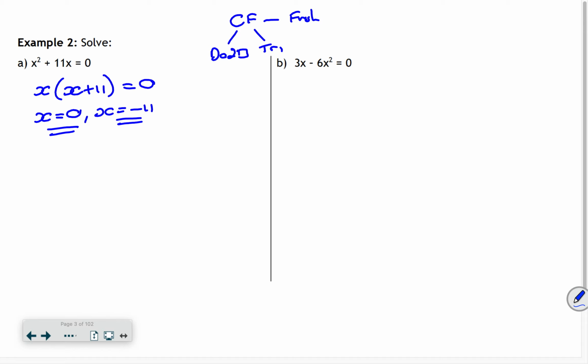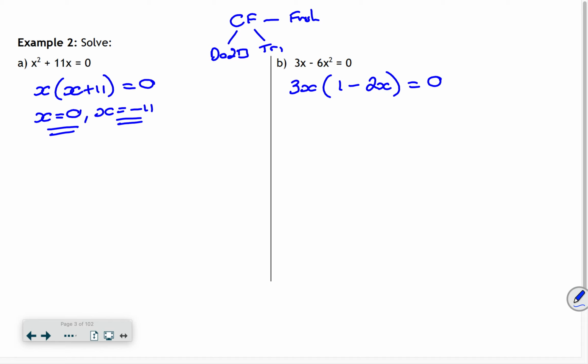Okay, that's it. The next one, we have 3x minus 6x squared equals 0. So again, let's look for a common factor. The common factor comes out here of 3x first of all. So that will be 3x bracket, and that would just give me 1 minus 2x equals 0.